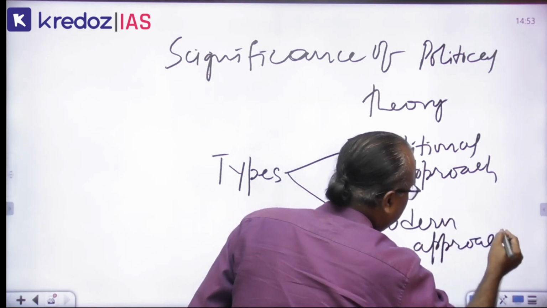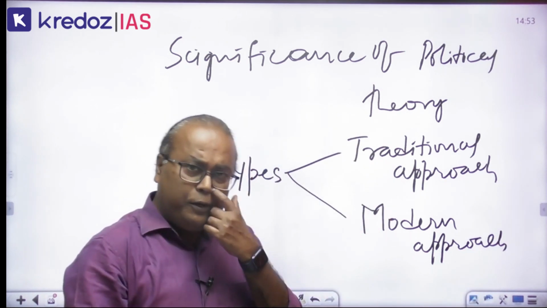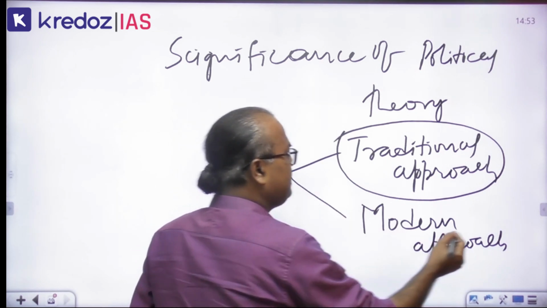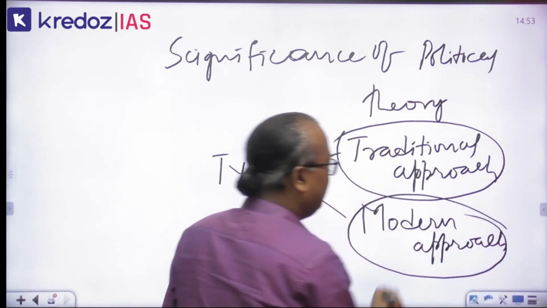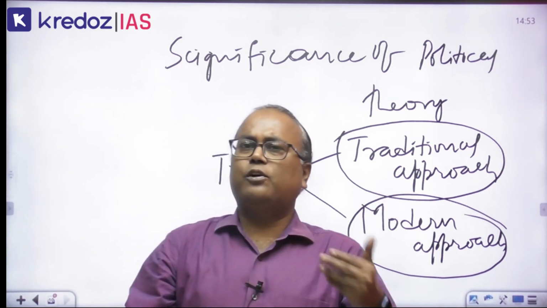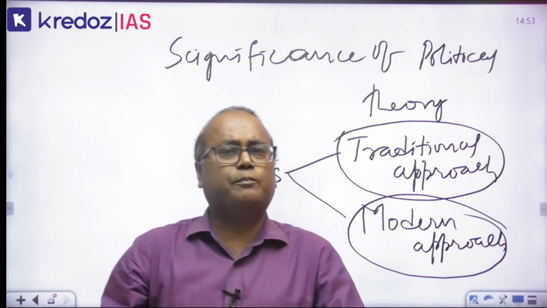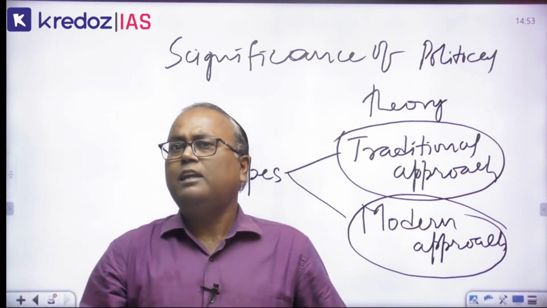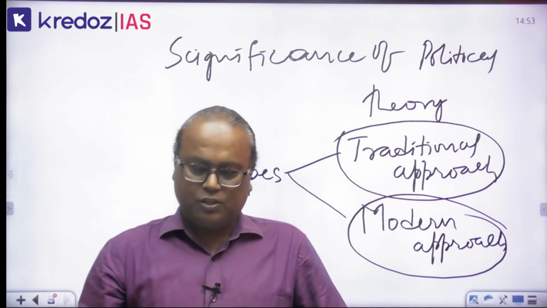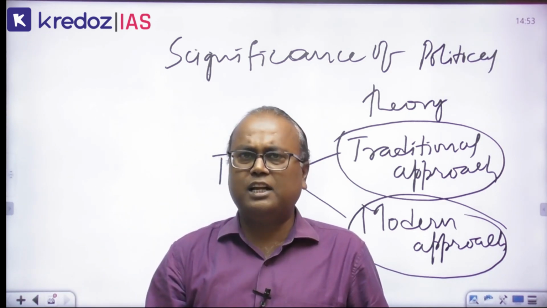One by one, we are going to discuss the nitty-gritties of the traditional approach, and then we will go for the modern approach. Until we understand the traditional approach, we are not going to understand what the modern approach is all about. Ultimately, you have to go for the comparison between the traditional approach and the modern approach. So let's begin with the traditional approach.